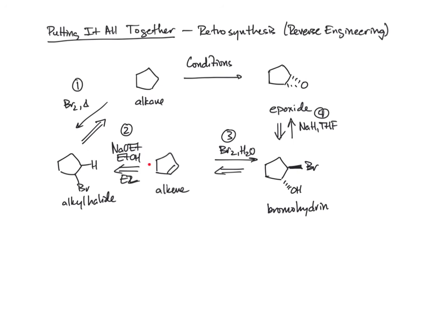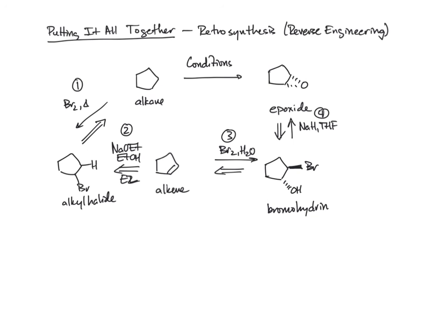Then chapters 7 and 8, we saw elimination to the alkene. Now we're seeing addition of bromine water, and then another substitution reaction where the base deprotonates. We have nucleophile and electrophile in the same molecule to substitute out the bromide.